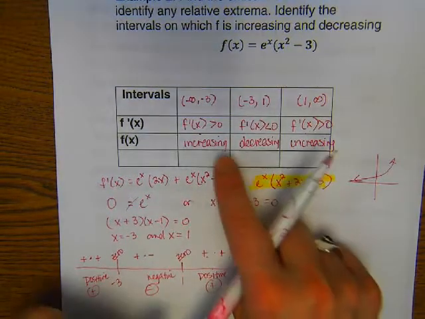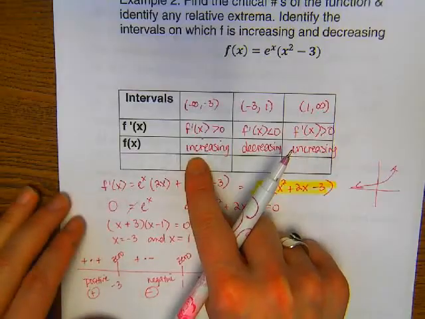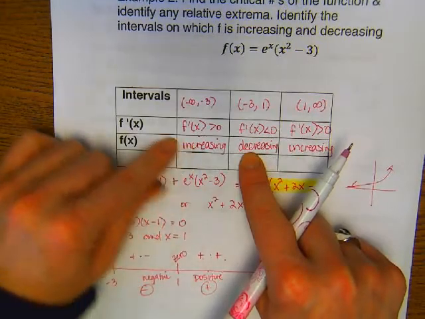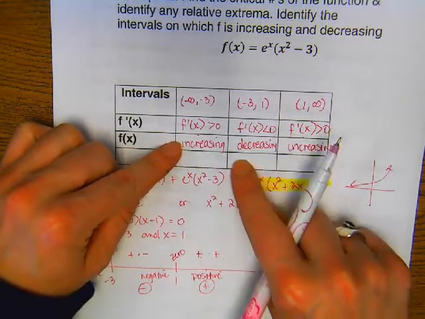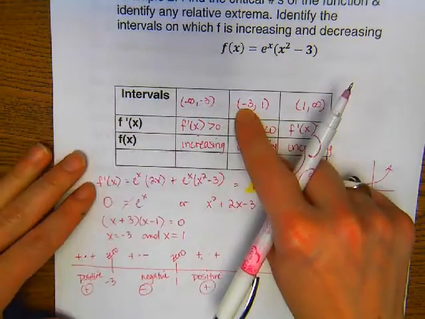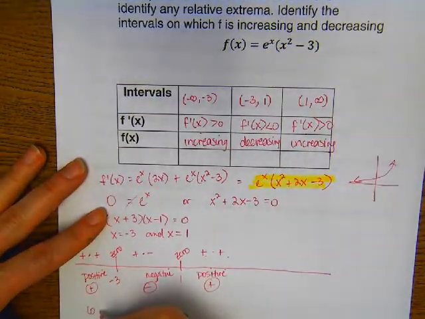If the function is increasing and it switches to decreasing, that means that this is going to be a local maximum at -3.